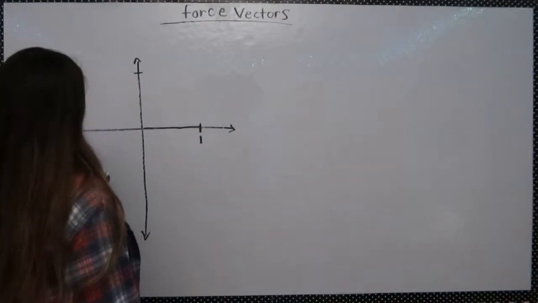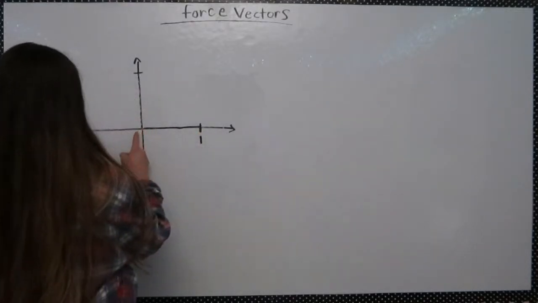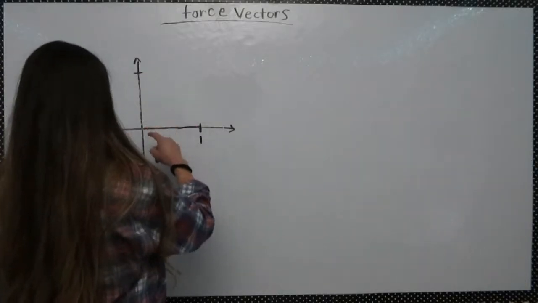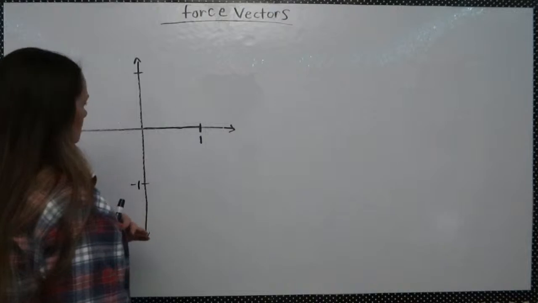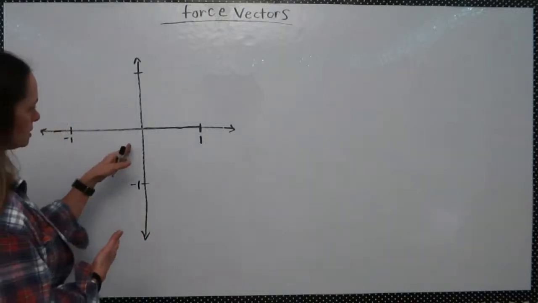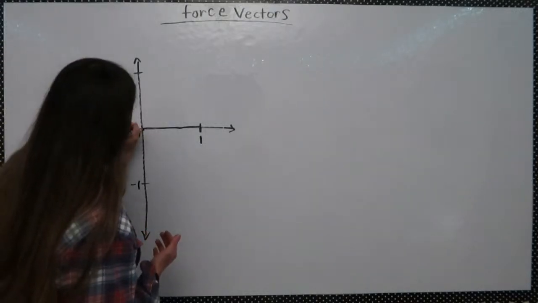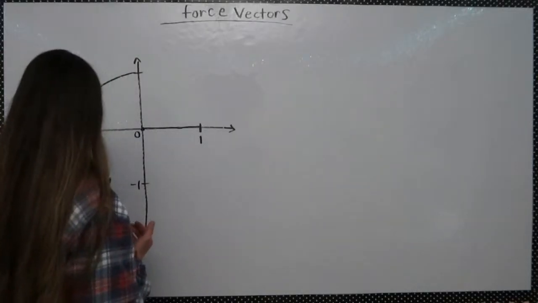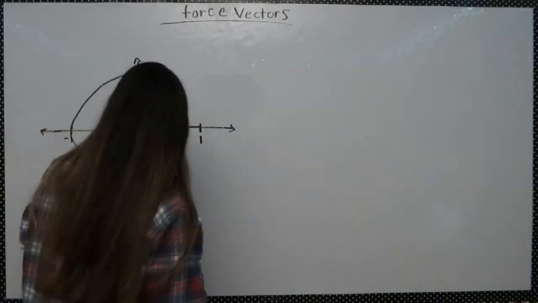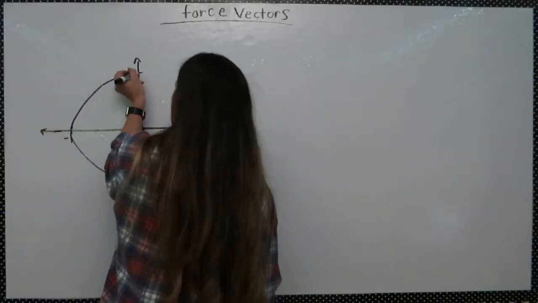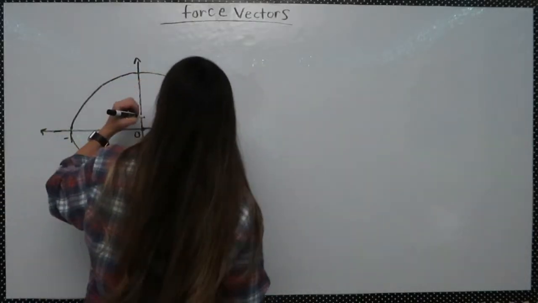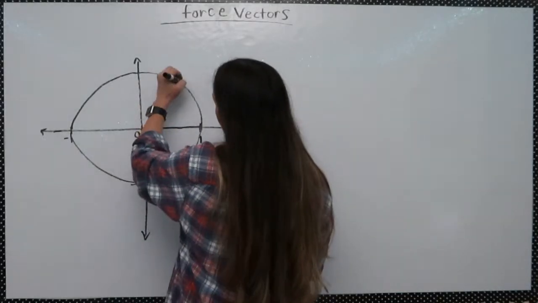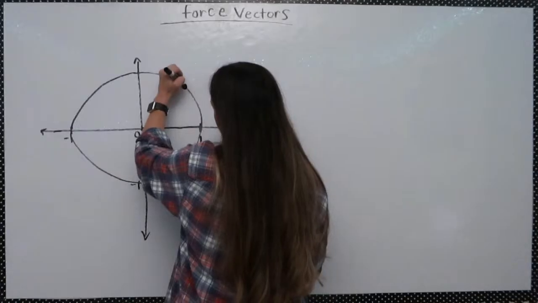So, marking 1 and -1 on the axes, you have the unit circle centered at the origin with a radius of 1. If you draw a radius out here, there's a point P on the circle at some point.